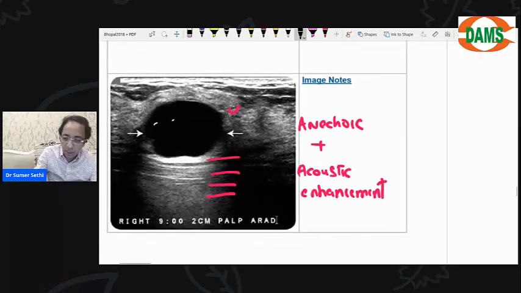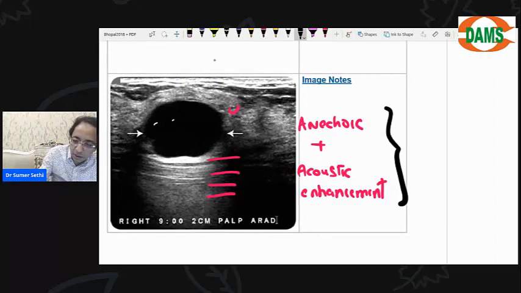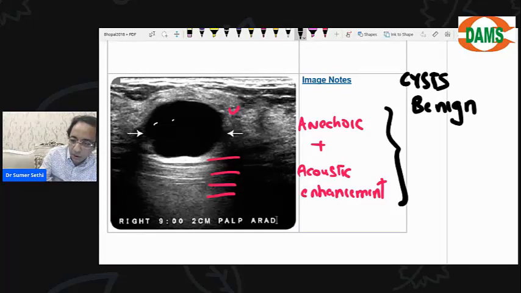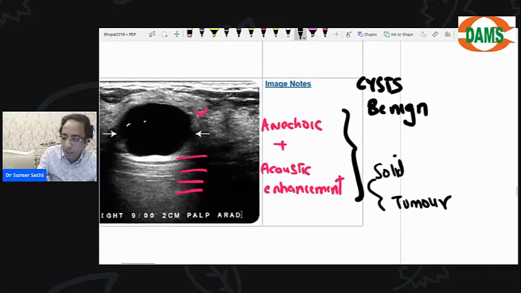Okay. Now anybody, if you can answer this. Cysts are usually benign. This is the basic pathology principle. Cysts are usually benign, and if you see something solid, it is most likely to be a tumor. Solid things will be tumors, cysts will be benign.